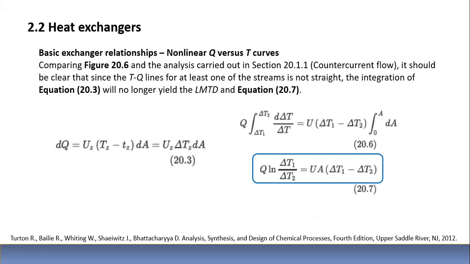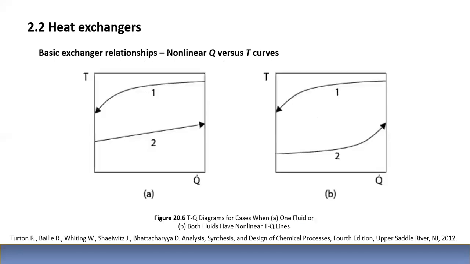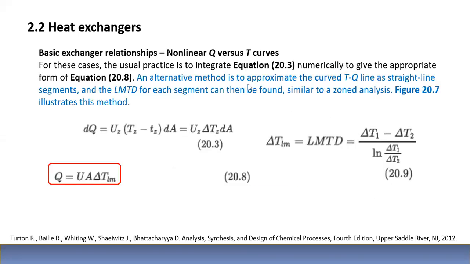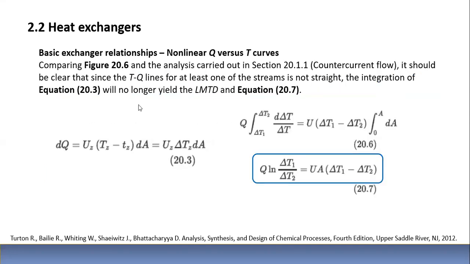Comparing figure 20.6, this figure, and the analysis carried out for countercurrent flow, in the book section 20.11, it should be clear that since the TQ line for at least one of the streams is not straight, just like we see here on diagram A, on stream 1, the integration of equation 20.3 will no longer yield the LMTD and equation 20.7.